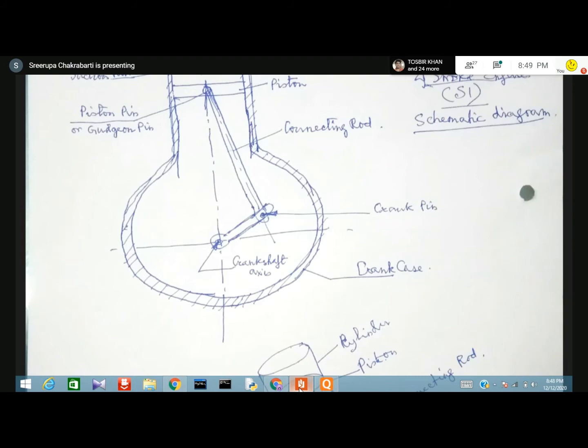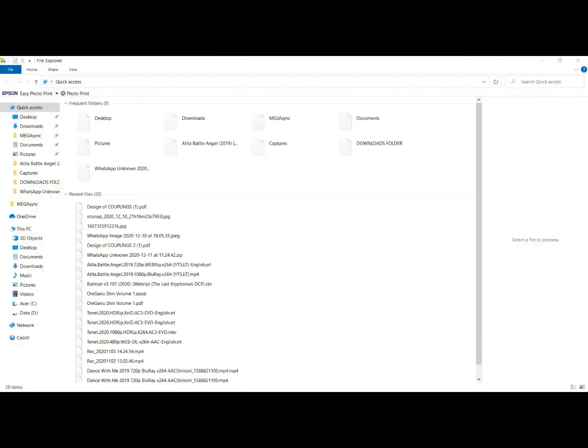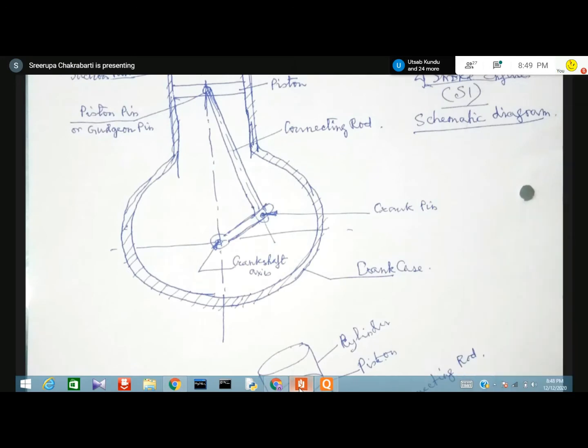But right now, take the idea that the crankshaft is not a straight shaft. It is a zigzag shaft. And there also, the fluctuation of stress is coming.